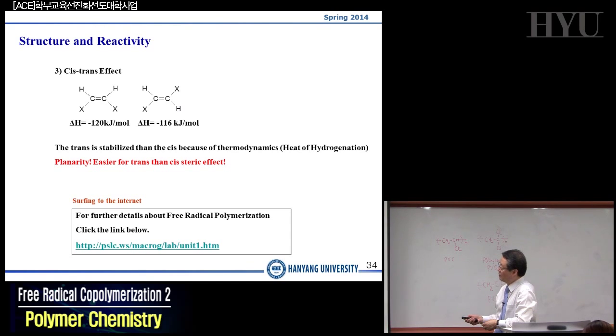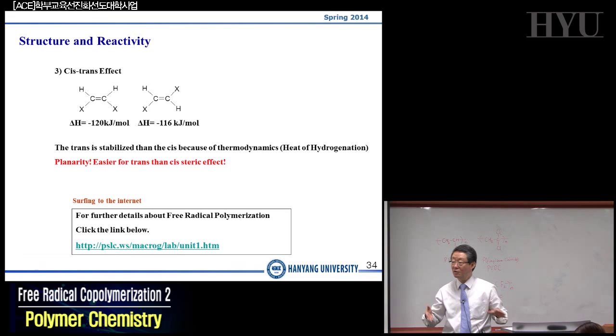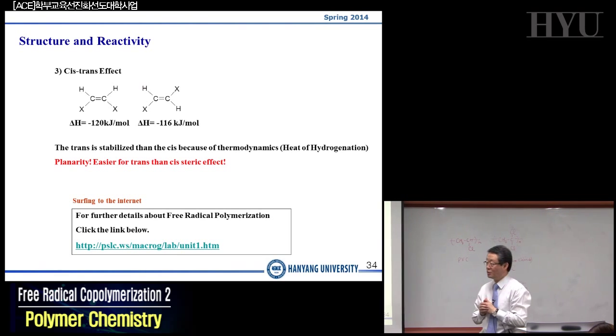So planarity is one of the effects. Although delta H is a little higher in cis, the cis is less reactive, whereas the trans is more reactive. So planarity here in the trans is much more affecting the reactivity of the trans isomer.